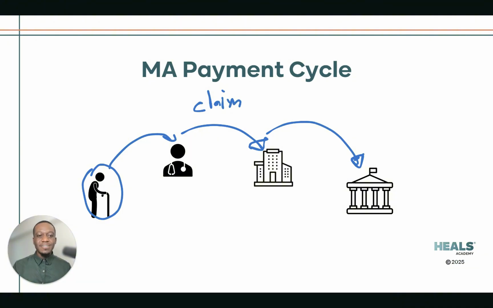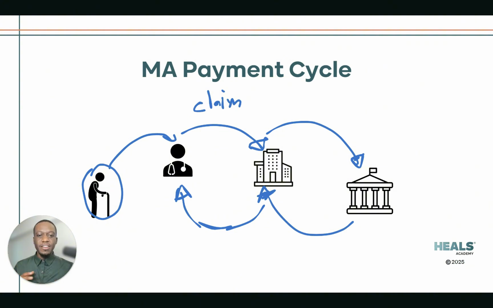And in that, CMS now uses the data to provide capitated payments to the health plan. And the health plan, through the arrangement the health plan has with the provider, some of the money flows back to the provider for the services that are being rendered. So this is how the general payment cycle goes.